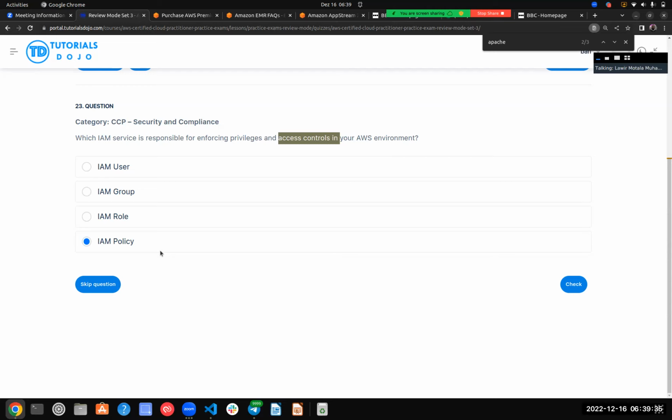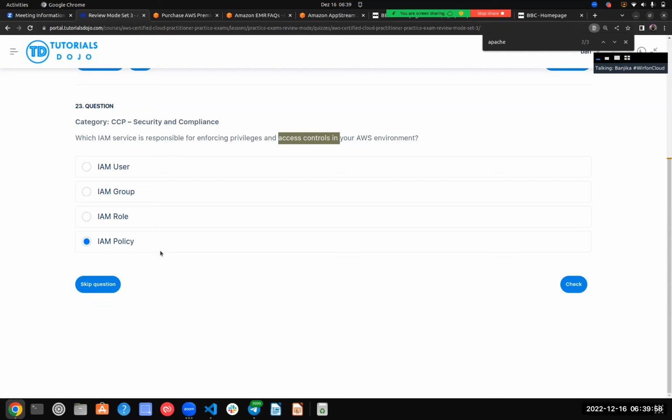With an IAM policy, you write the privileges the user will have. For example, in an S3 bucket, you can give an IAM user the privilege to read and not write, or to write and not delete. That's the work of a policy. You are in the right direction.